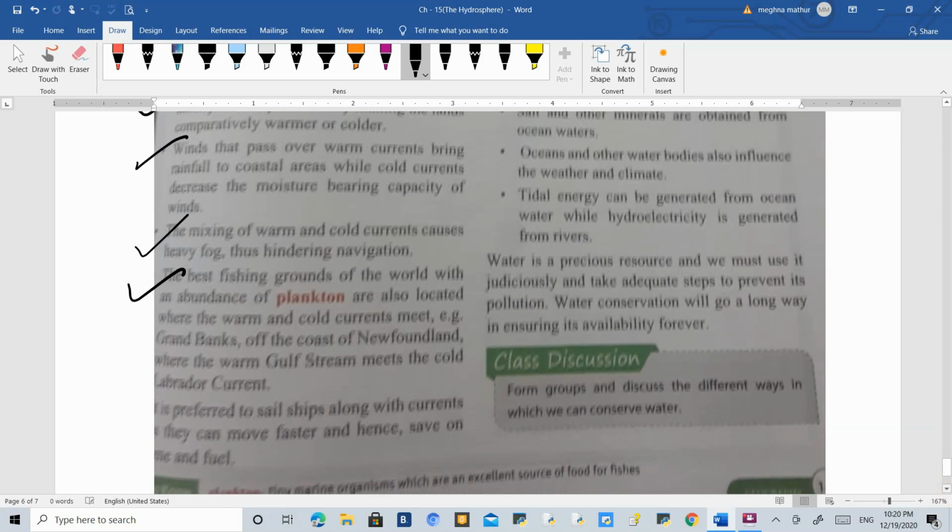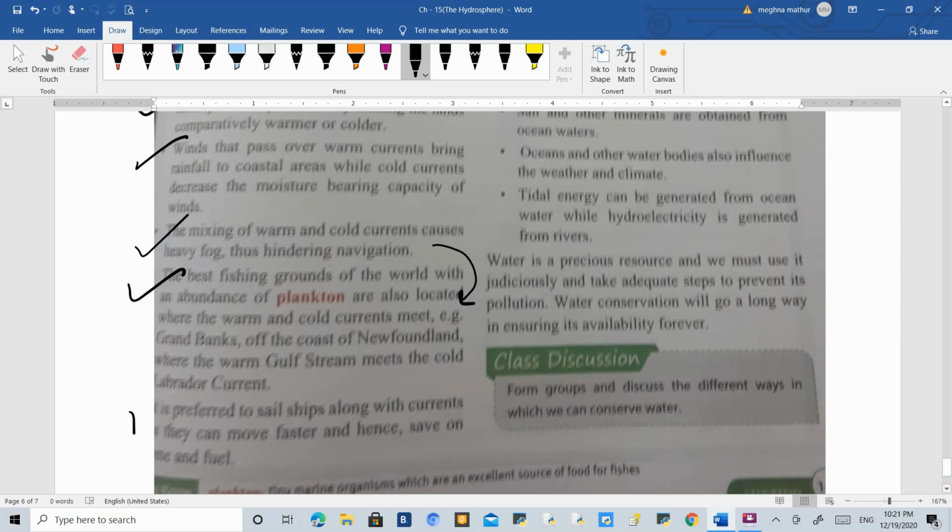Fourth is related to the third point only, that whenever the warm and cold currents are mixing together, that particular area is very good for the abundance of planktons. What are planktons? Planktons are very small organisms which are inside the ocean, and they make coral reefs and coral islands when they die. So plankton are sea organisms, and they are found in abundance in the area where a warm current and a cold current meet.